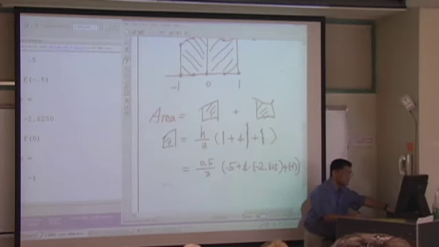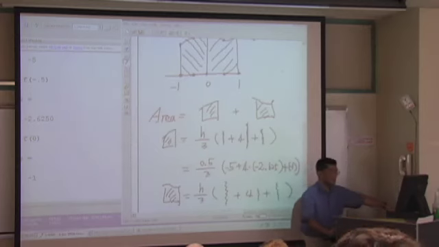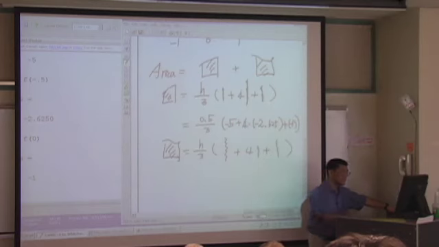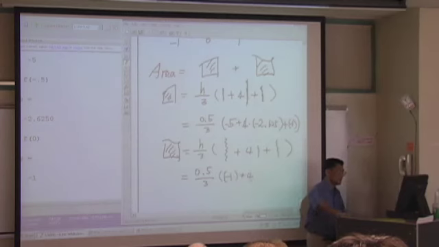The next piece will be calculated soon. The next piece equals h over 3, the first height plus 4 times the second middle height and right side height. And we calculate these things. 0.5 over 3, and then negative 1, 4 times f of 0.5.